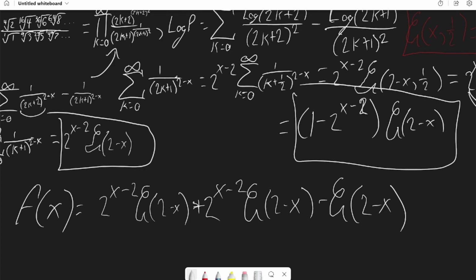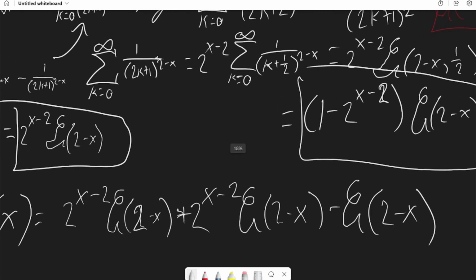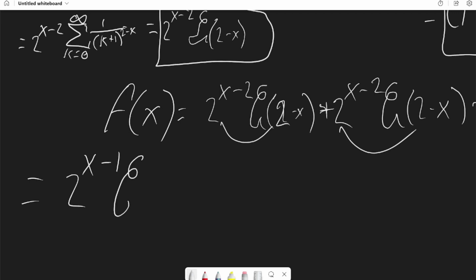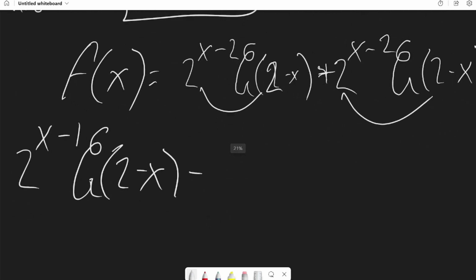So now we have to differentiate both sides of the equation with respect to x. And by doing that, we get, okay, apply the product rule here. Or actually, no, we can combine these two. That's really nice, actually. So then we get 2 to the x minus 1 times Riemann zeta of 2 minus x, and then minus Riemann zeta of 2 minus x.